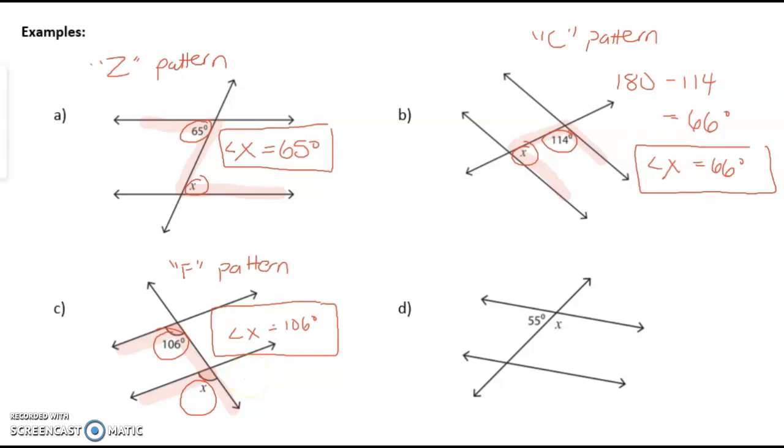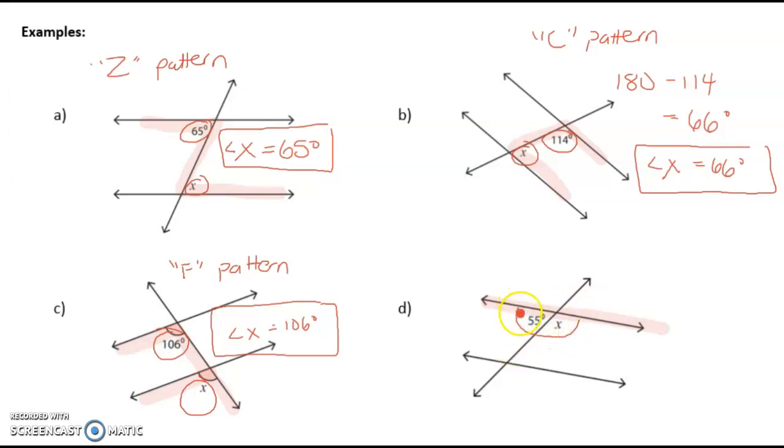So this last one, if I look here at D, I have a supplementary angle. This straight line is 180 degrees.